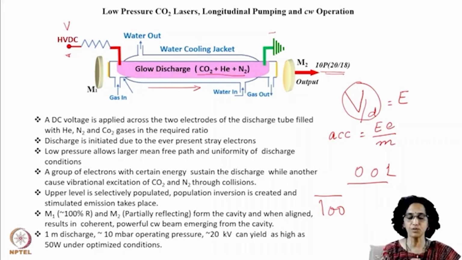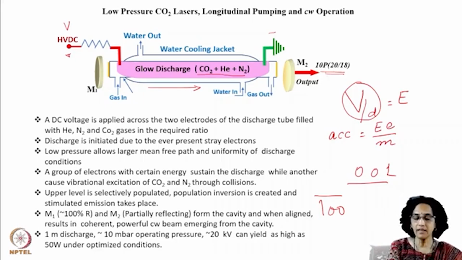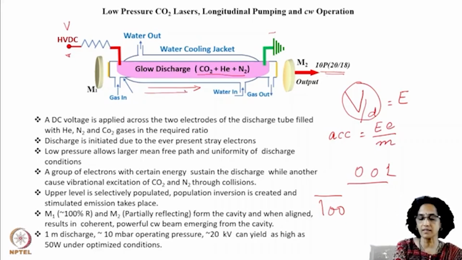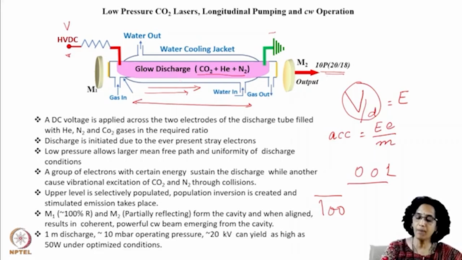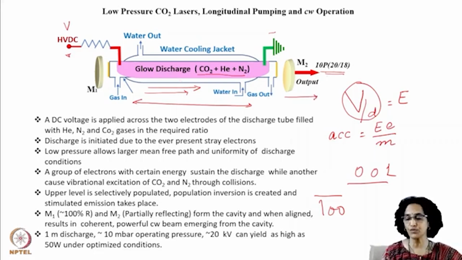The photons which are emitted through stimulated emission and that are along the axis of this resonator cavity undergo back and forth oscillation between the mirrors, and a part of this intracavity flux is released as the useful output.